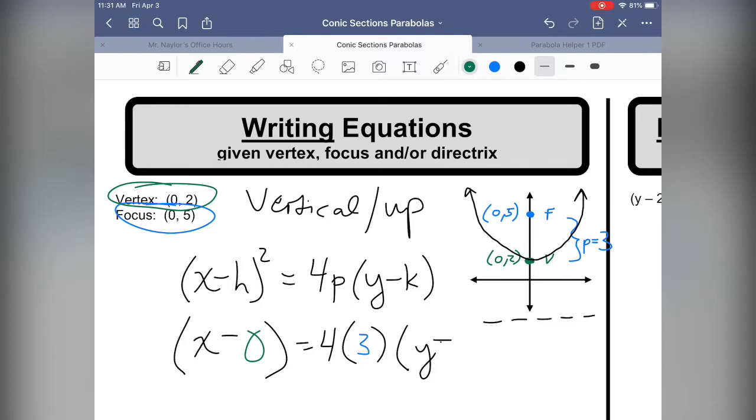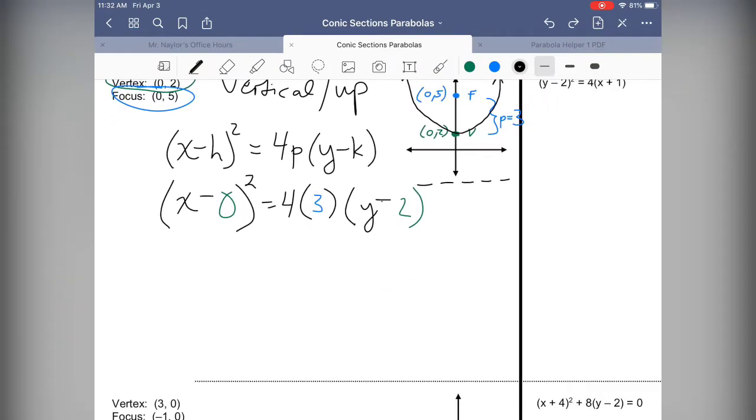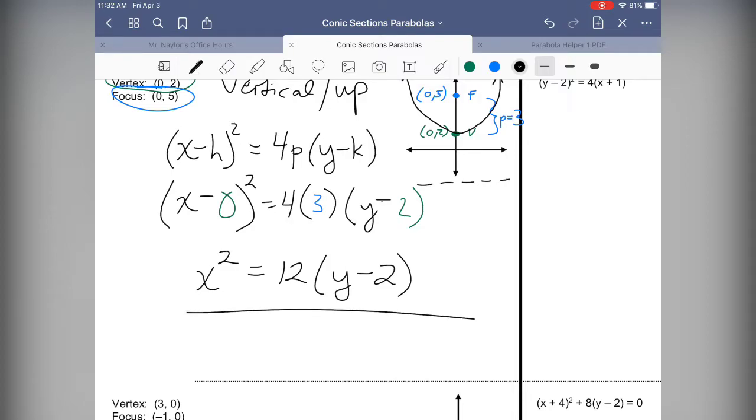You can fill in the 2 for k. Now, if you're wondering, well, what's my final answer? Oops, I forgot my square. That's really important. So what's my final answer? Well, my final answer is going to be x squared equaling 12 times y minus 2. And in fact, that is a conic section. That's standard form for a conic section, so that is completely appropriate as my final answer.